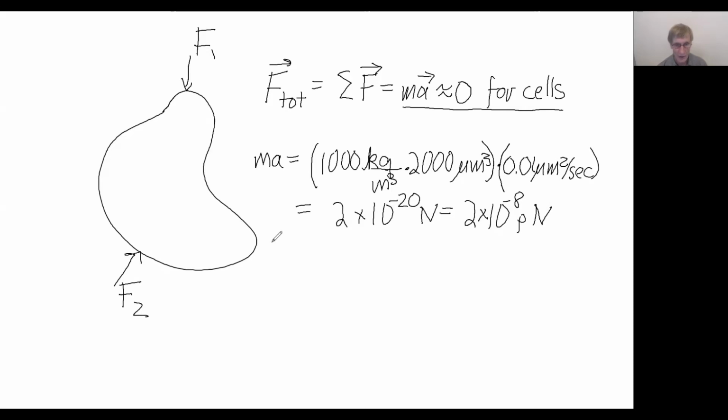And the same holds for the drag force. The drag force is also very small. So we write the drag force as a drag coefficient times the velocity. And notice this is a very different way of thinking about motion.